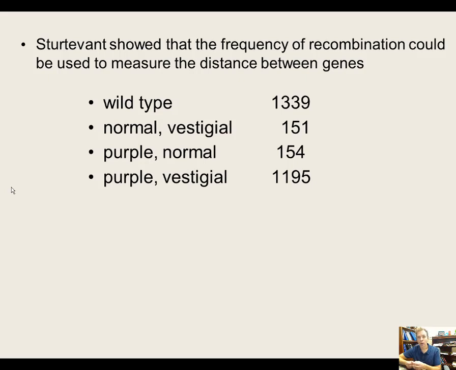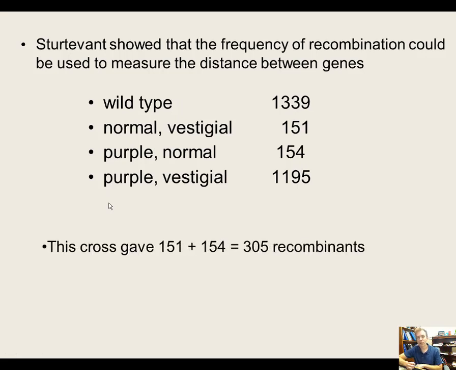The F1 were wild-type, but were carriers of the two mutations. The test cross results showed that the original parents, the wild type and the double mutant, were overrepresented in the offspring. So instead of getting a 1-to-1-to-1-to-1 relationship, there is overrepresentation of the original parents and underrepresentation of the recombinants.